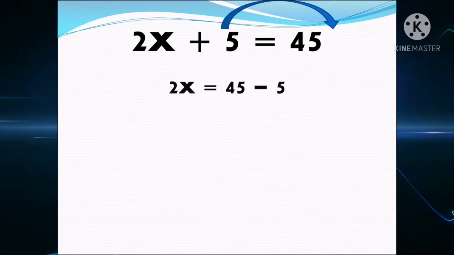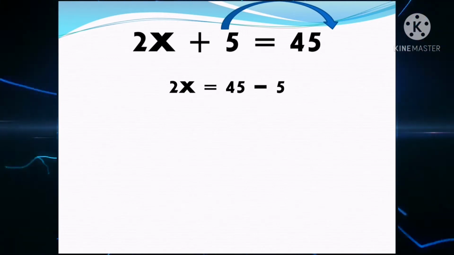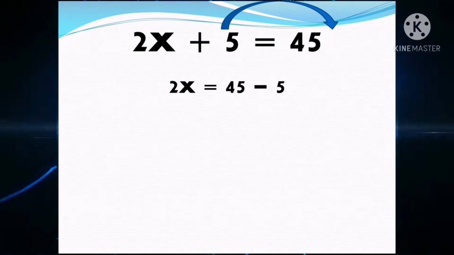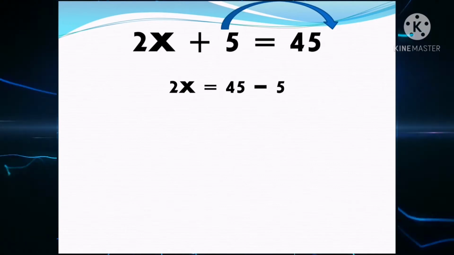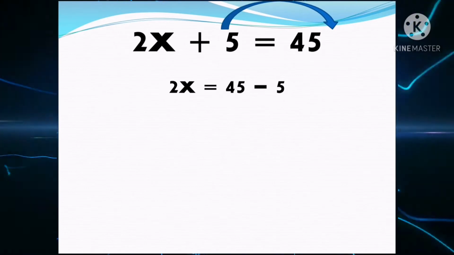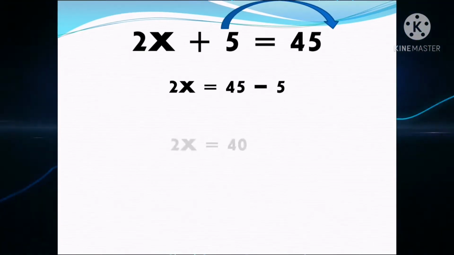Since we transpose 5 across the equal sign, its sign will be changed from positive to negative. So, our equation will become 2x equals 45 minus 5. So, 2x equals 45 minus 5, which is equal to 40.